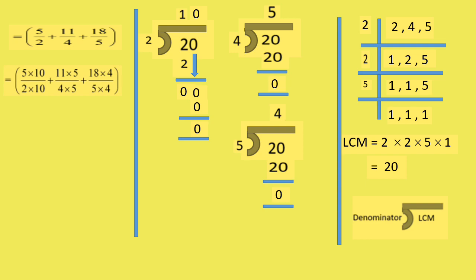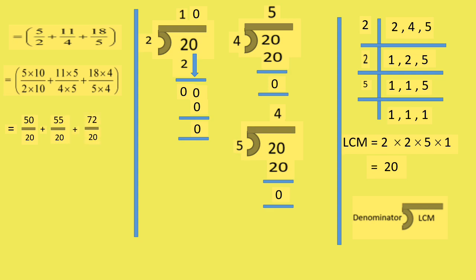Next symbol is plus, then I will multiply the quotient 4 with the numerator 18 and the denominator 5. Now I got 50 by 20 plus 55 by 20.